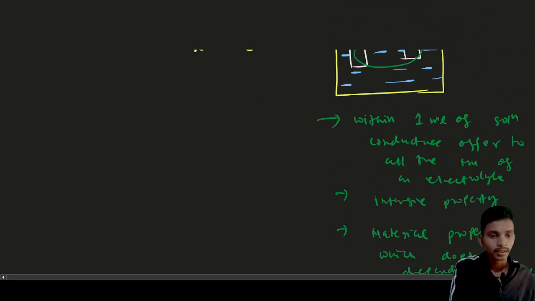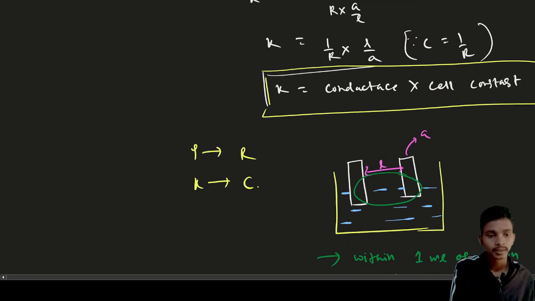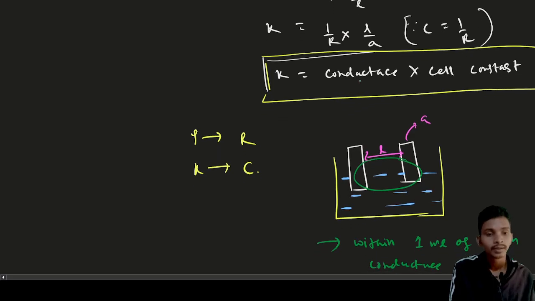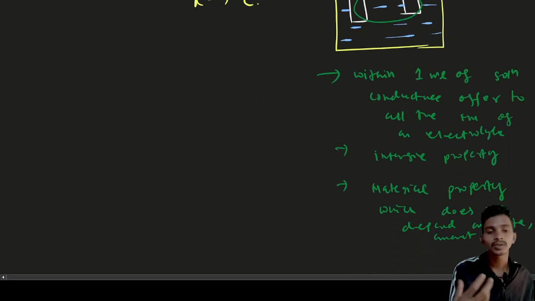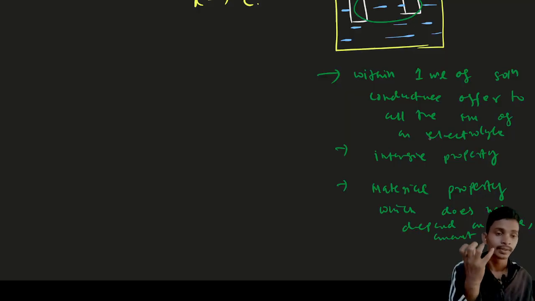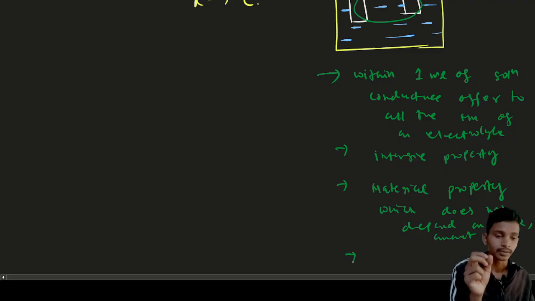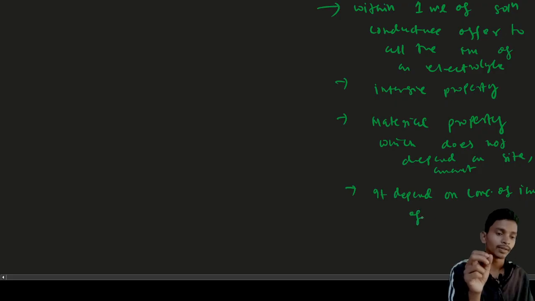Now this specific conductance is conductance into cell constant, and this is 1 ml of solution. So within 1 ml of solution, how much conductance is offered to the ions, but we do not say the concentration. So specific conductance depends on the concentration of ions of an electrolyte.